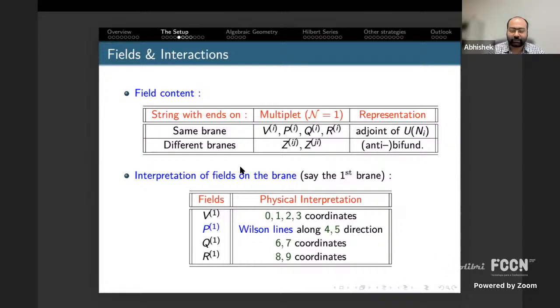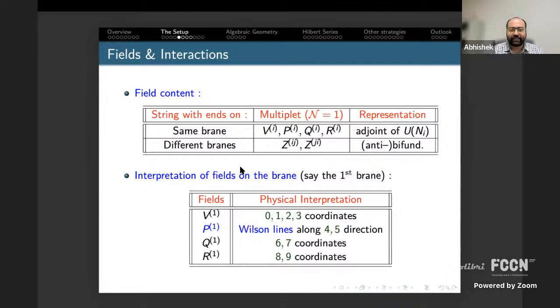For the first three branes, the D2 branes, we have taken the charge to be 1, 1, 1, and for the D6, we have taken the charge to be n. And then there are these bifundamental or anti-bifundamental fields, which are strings going from the Ith brane to the Jth brane, or the Jth brane to the Ith brane.